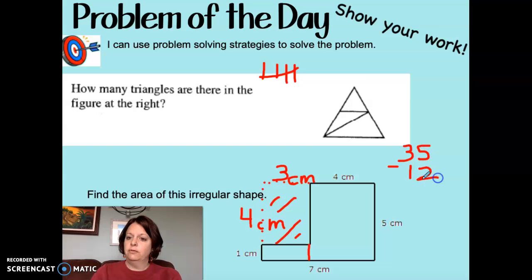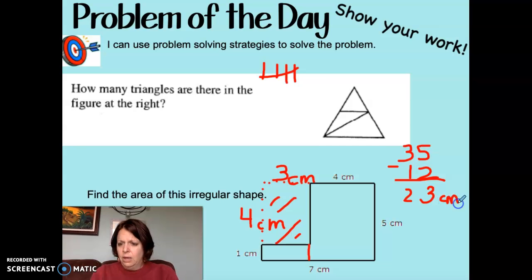So 35 minus 12 gives us 23 centimeters squared for this shape, by figuring out the ghost shape.